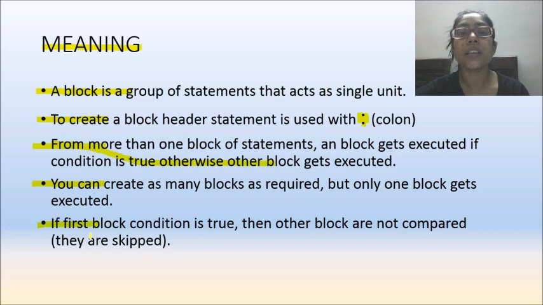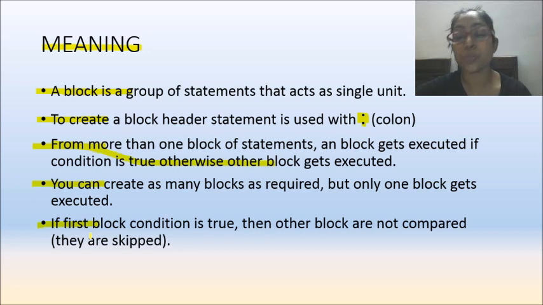That means your interpreter will check the first condition, it is false, it will move to the second condition, it is false, third, then it comes to the fourth condition and it comes true. That means the fourth block gets executed, and the fifth block is not going to be tested anymore. So these are the rules related to conditional statements.